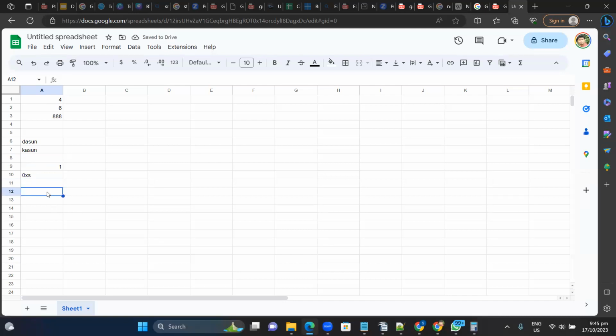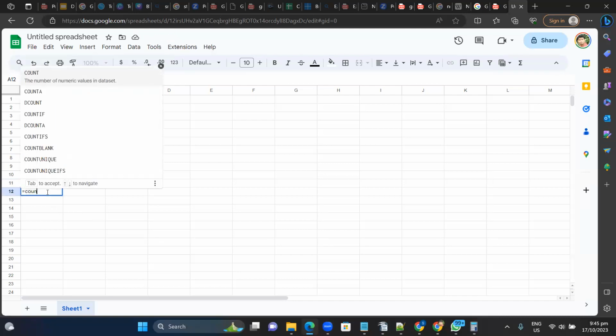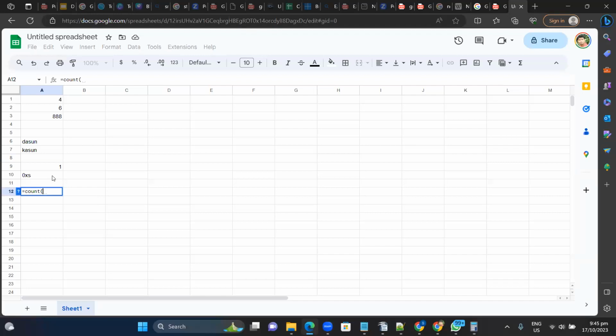If I try to count here to here, it will give me the result 1, 2, 3, because numbers are automatically aligned to the right side of the cell, and you can see it's 4. Equal count will give 4. Only the numbers will be counted. If prices are there, prices are also counted.